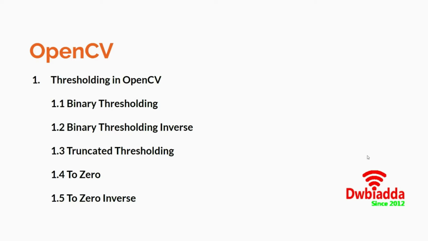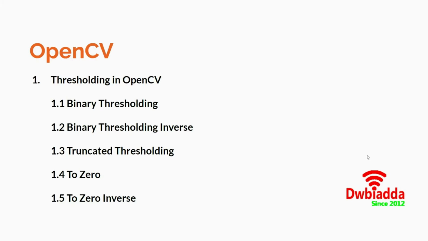In truncated threshold, you have set, let's say, a threshold value or cutoff value of 120. All of the pixel intensities above the threshold value will become the threshold value. Even if it's 140, it will become 120 if you have set the threshold value to 120. Otherwise, if it's lower, it will remain in its original form. Let's suppose there is a pixel with an intensity of 60.